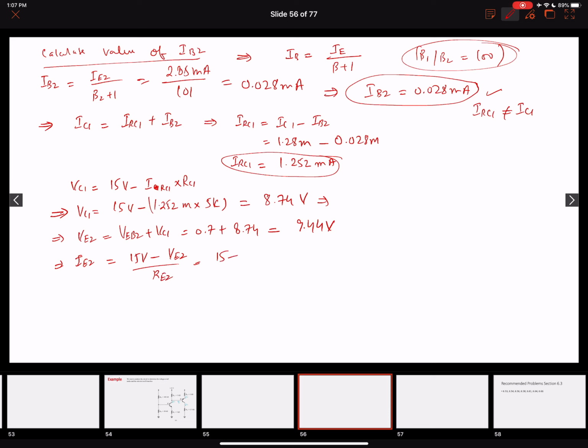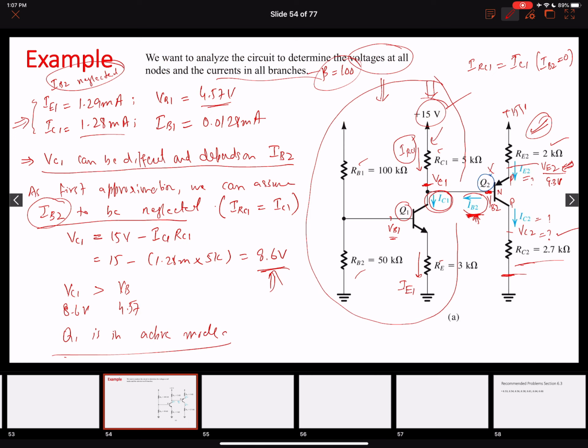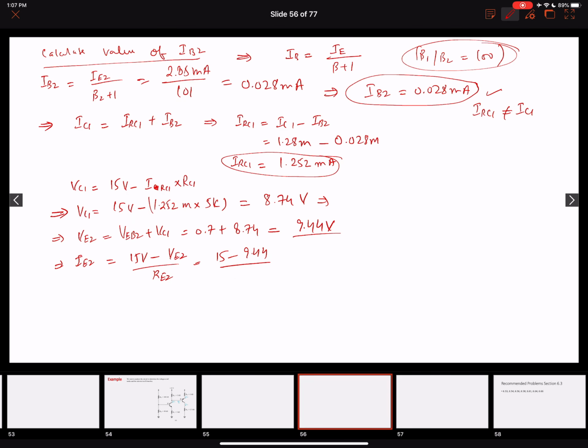VE2 is 9.44, divided by RE2, which is 2 kilo ohms. So the value that we got for the emitter current IE2 is 2.78 milliamperes. This is the new value of IE2.